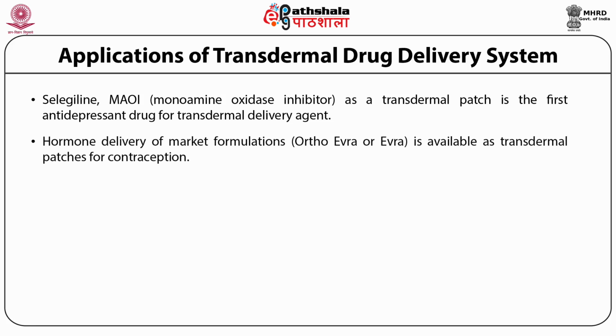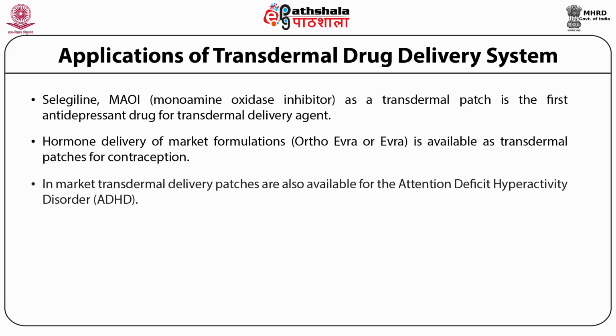Similarly, the hormone delivery market formulations by the name Ortho-Evra or Evra are also available in the market in the form of transdermal patches. This system has also been exploited for the treatment of attention deficit hyperactivity disorder.